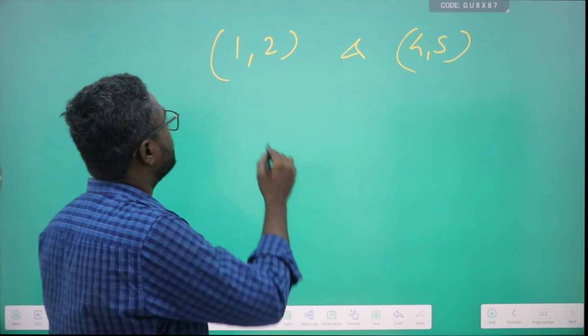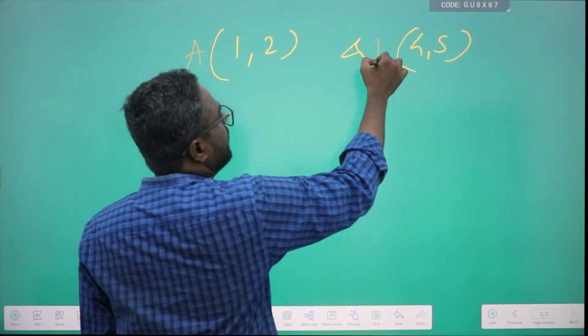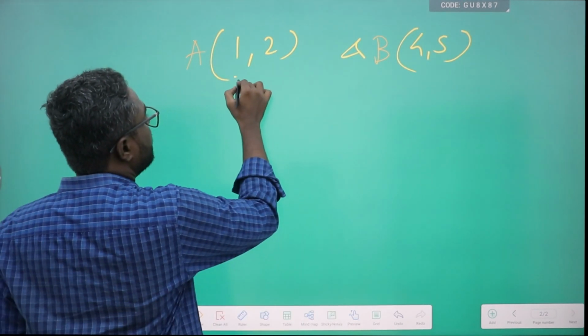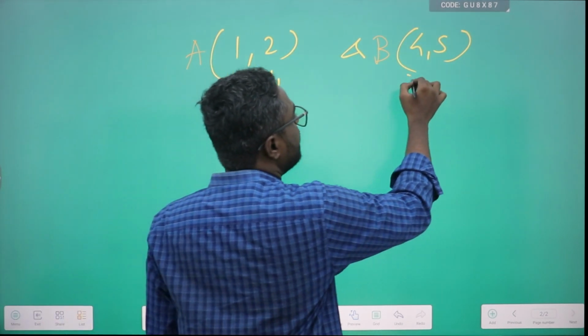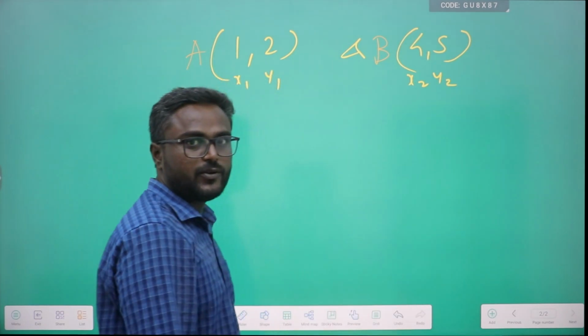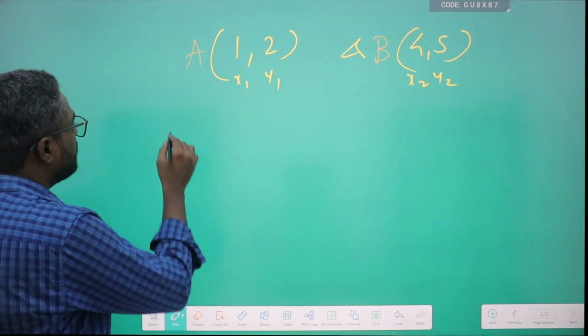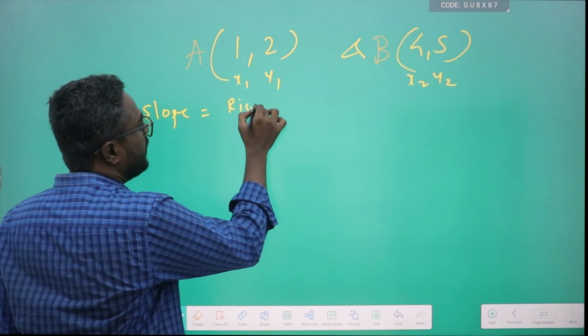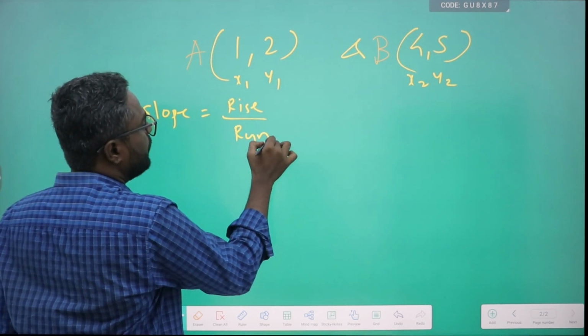So what will I do now? First, I'll name this as A, this as B. Next, this is x1, y1, x2, y2. What did we learn in the previous video? Slope is nothing but rise over run.